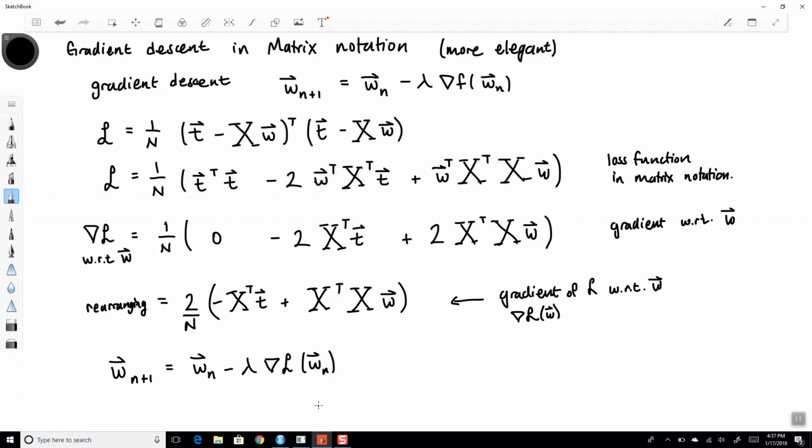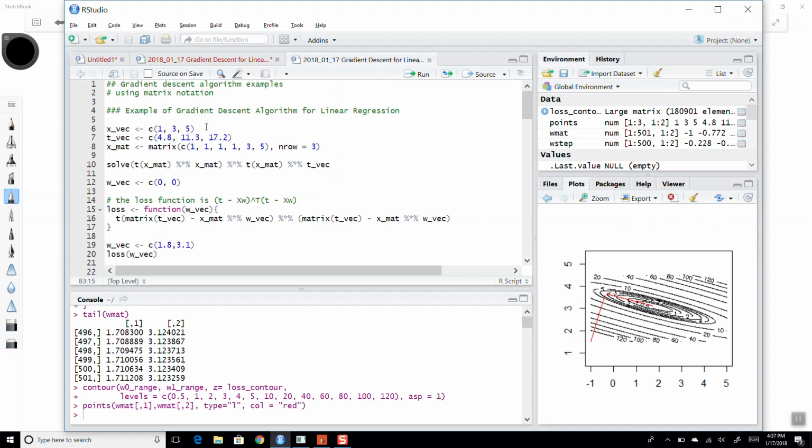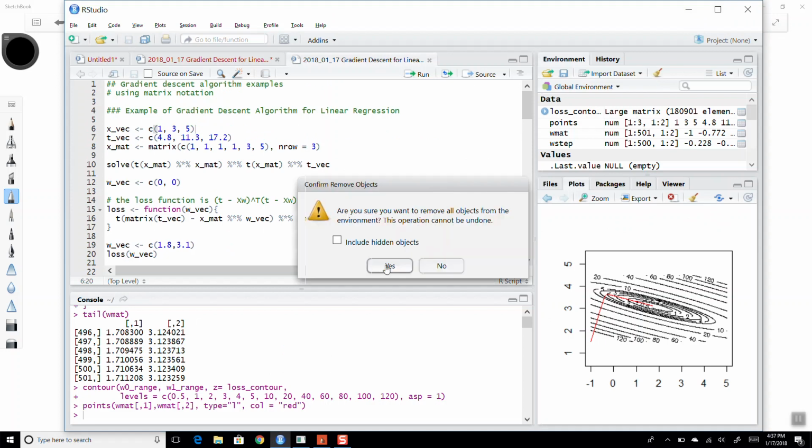Okay, so now I will implement this in R. All I had to do was calculate this as the gradient, and then this up here is my total loss, in matrix notation. Let me clear my environment.